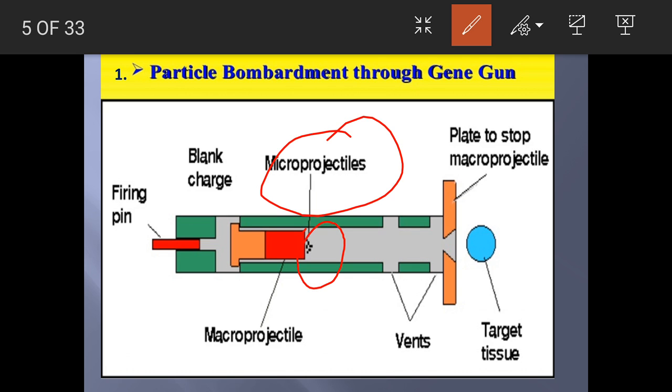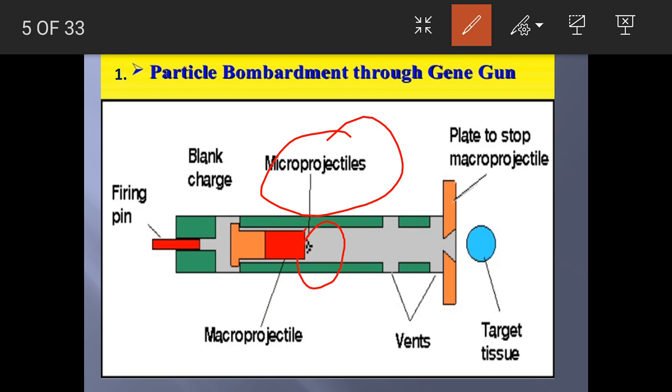Then with a high pressure or high velocity, these are pushed downward so that they can rupture the disc which is placed below this instrument. In a later slide, you are going to find out how it is done.